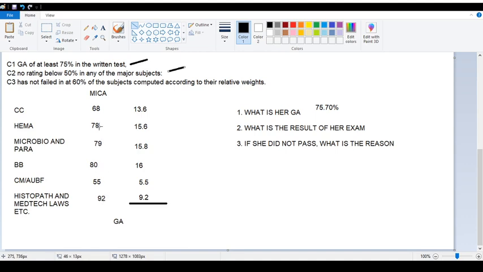Pumasa siya sa, eto, 20, 40, okay, 60, and 70. So, pasado siya sa 70% of the subject. Saan siya bagsak? Dito lang, 68. Okay, so that is 20% in this one. So, bagsak lang siya sa 30%.